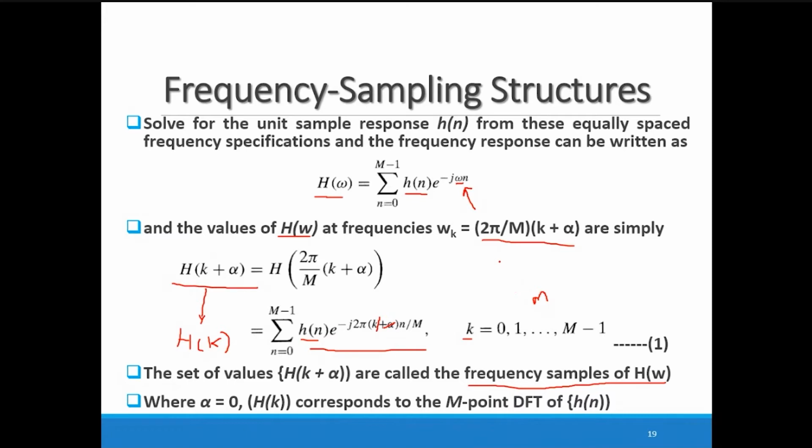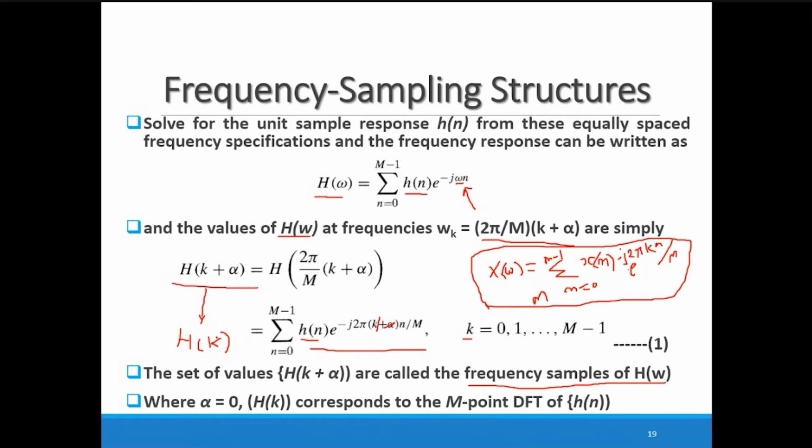We have written the equation like this, X(k) equal to the sum over n equal to 0 to M minus 1 of x(n) into e raised to minus j 2 pi k n divided by M. This was our earlier equation for the DFT, used for the calculation of the DFT from the given sequence x(n). Now the same equation is written in terms of the impulse response.